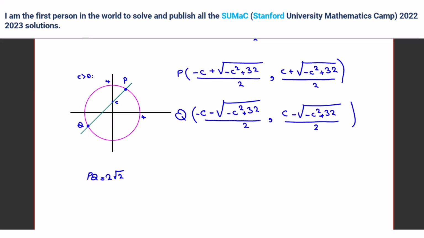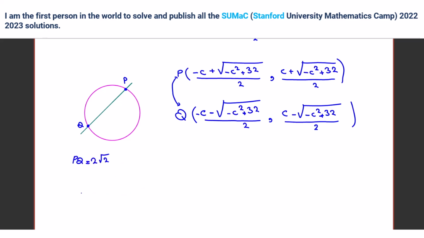Okay, let me tell you something. Here we can calculate like this, or we can erase these things. We can consider this is our circle, okay? And it is PQ. Then you can say, okay, P is this, Q is this, or you can switch them. It's not important because you can use the distance formula.